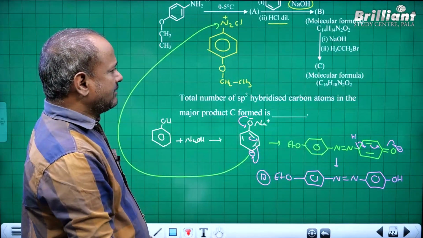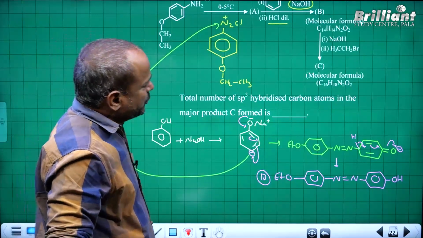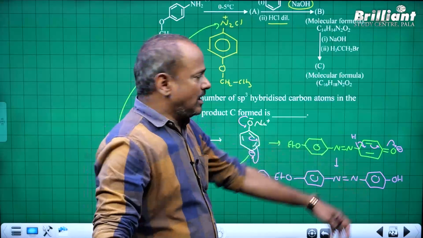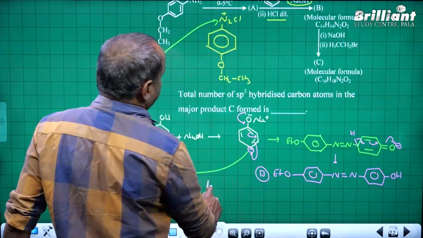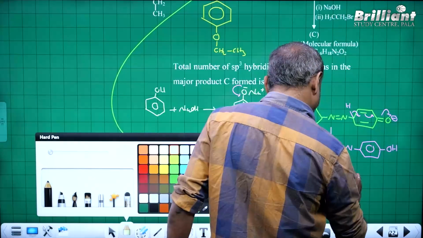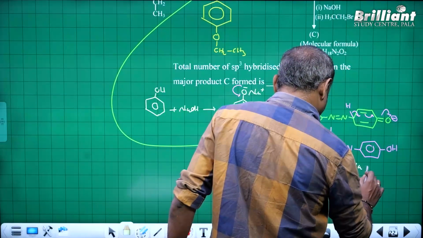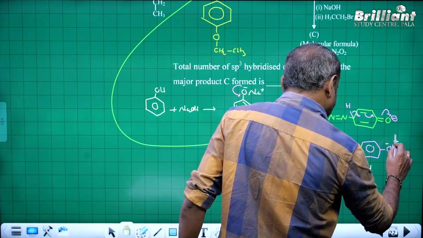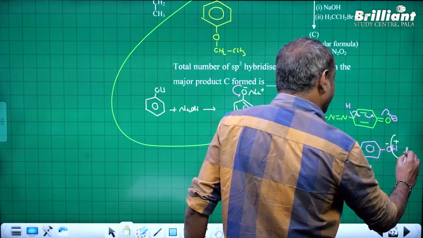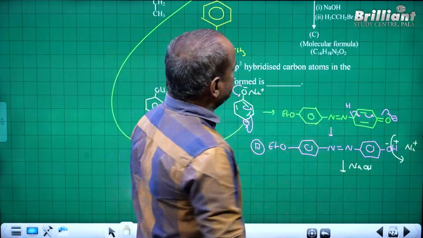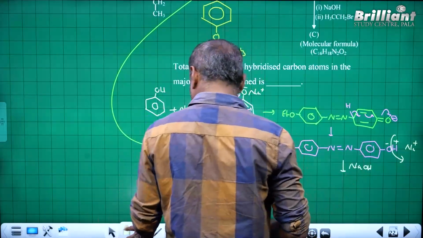Compound B now reacts with sodium hydroxide and ethyl bromide. Again phenol reacts with sodium hydroxide, O minus, H plus replaced by Na. Next, the O minus reacts with ethyl bromide.